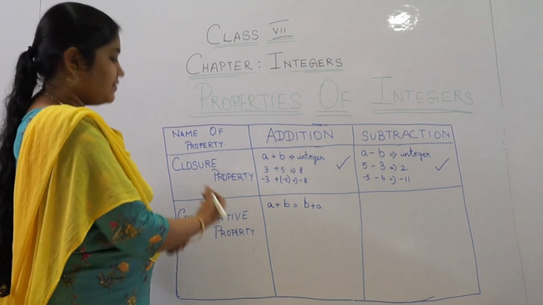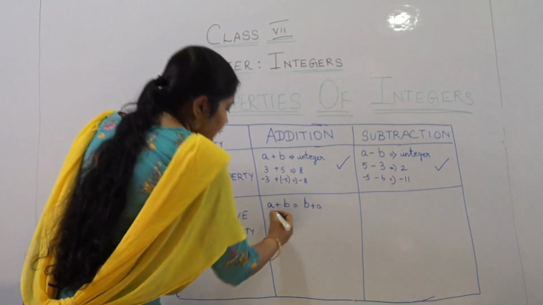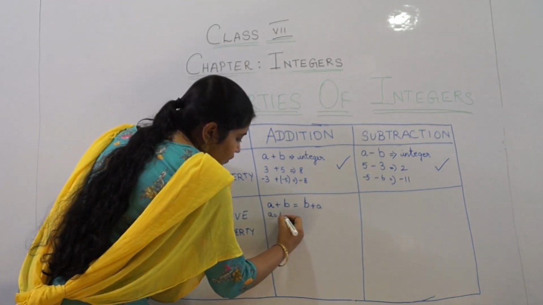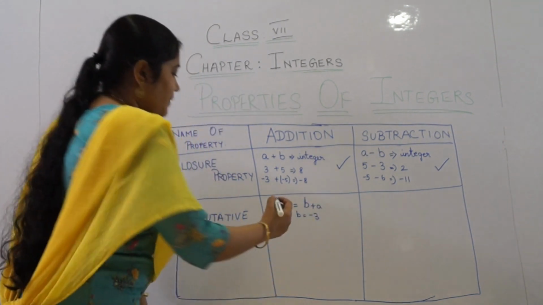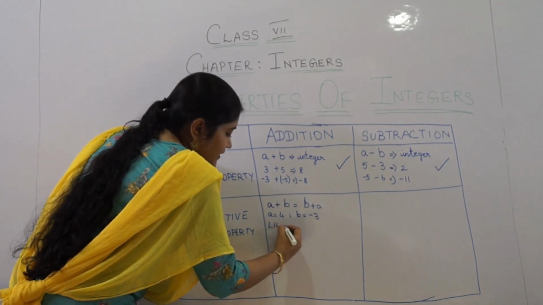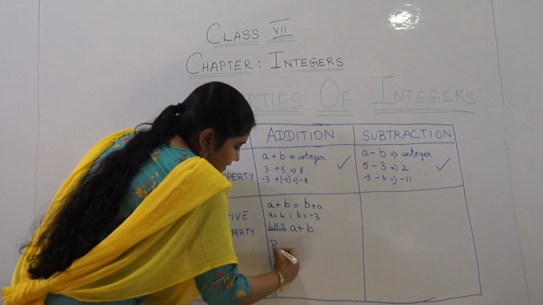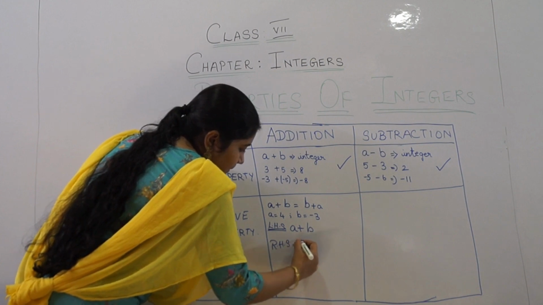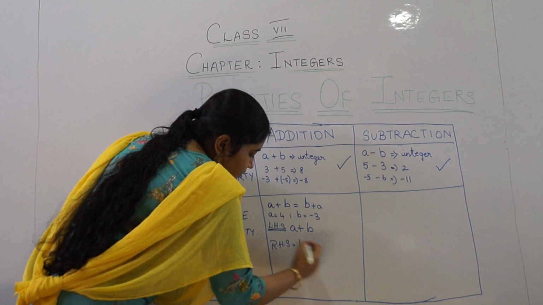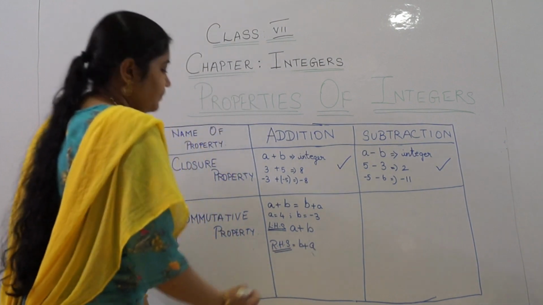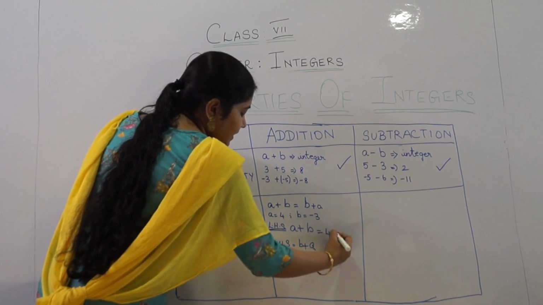So shall we check if this commutative property holds good in addition? Let's take an example. Say a is equal to 4 and b is equal to minus 3. My left hand side is going to be a plus b and my right hand side is going to be b plus a. So I just have to check if a plus b is equal to b plus a. What is a plus b? A is 4 and b is minus 3.